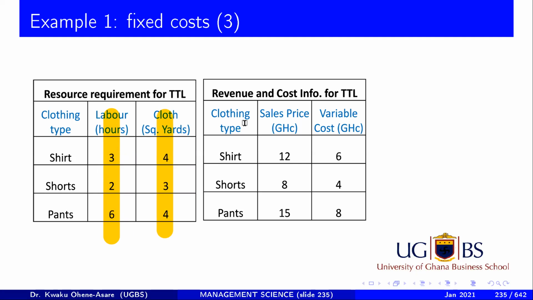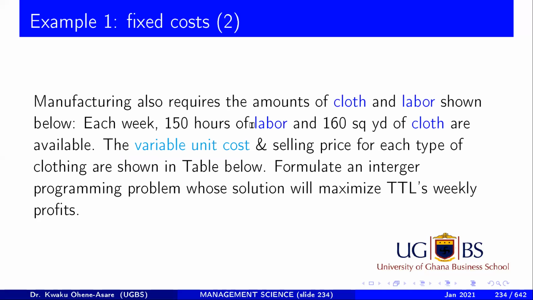Let's go back. And you are told that each week 150 hours of labor and 160 hours of cloth are available. So these are the right-hand side of the constraint. But there's something else: the variable unit cost. Watch that word. What is that? It is talking about the variable cost and the selling price. The selling prices for each clothing are shown below.